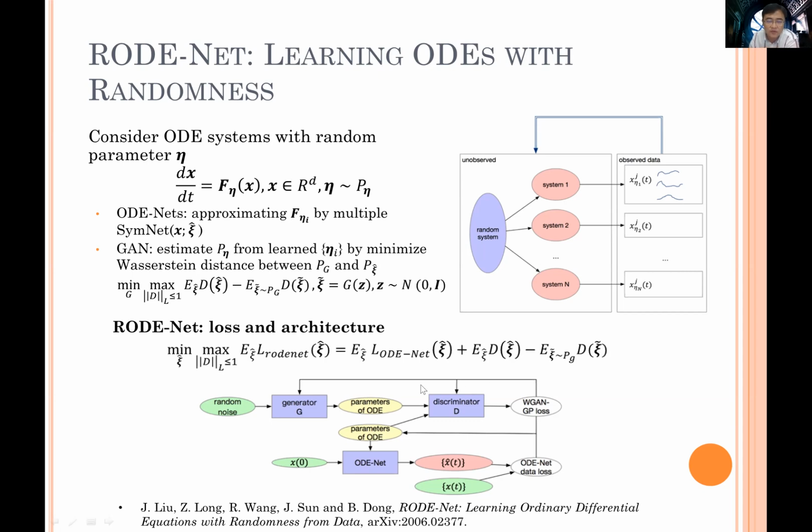We train these alternately, so we are trying to minimize this joint loss function. We use the GAN to fit the random variables, and then we use the ODE-Nets to fit the data. I won't go into details. If you're interested, we put this paper on arXiv, and you can see more details there.